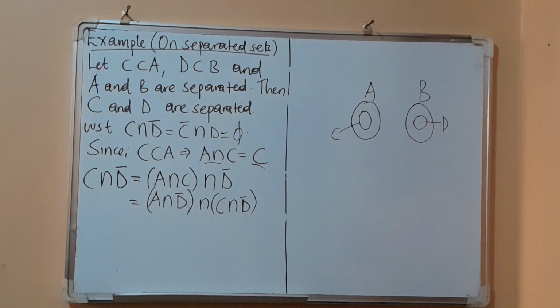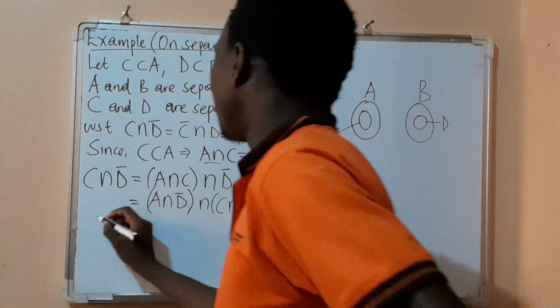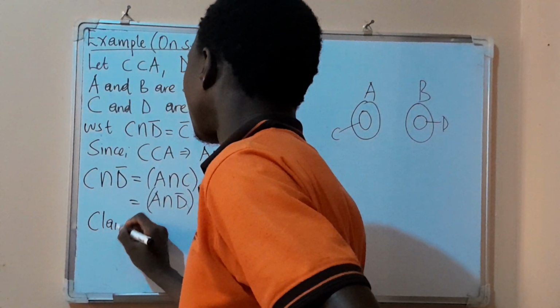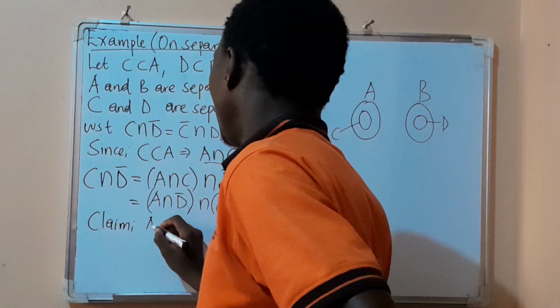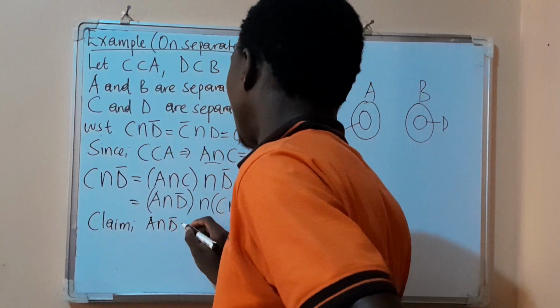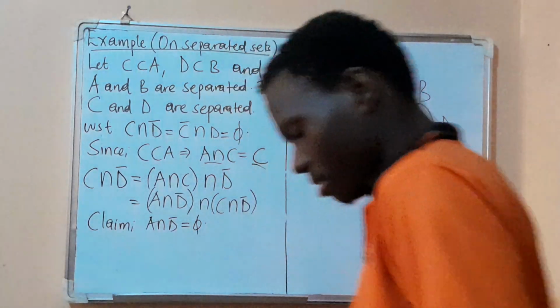So we are going to make a fundamental claim here. We claim that A intersection D closure is an empty set.